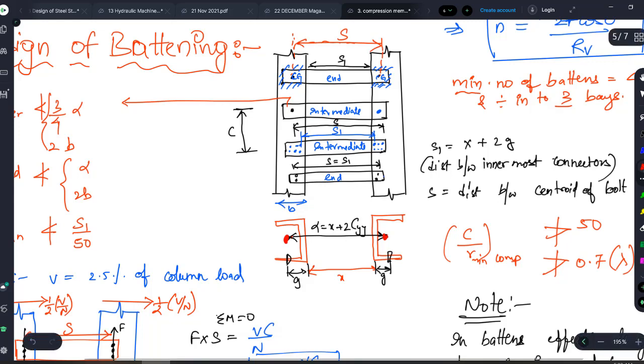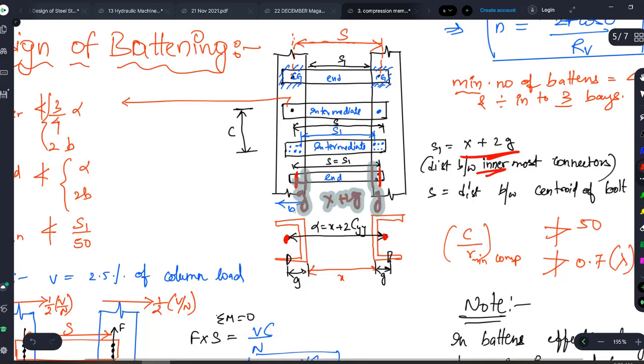And next I am introducing S1. What is this S1? S1 is nothing but the distance between innermost connectors. Distance between innermost connectors is very important, remember it. So in this, let us say this distance is G. Then what will be your S1? S1 will be nothing but the clear distance plus 2G.